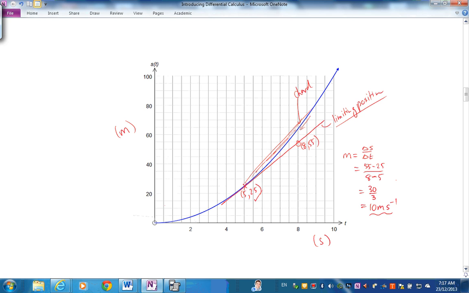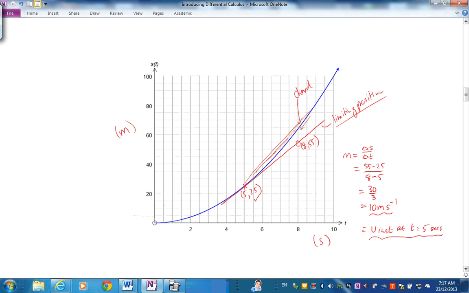That's interesting. We've done it. I think we've done it. That would be the instantaneous velocity at t equals 5 seconds.